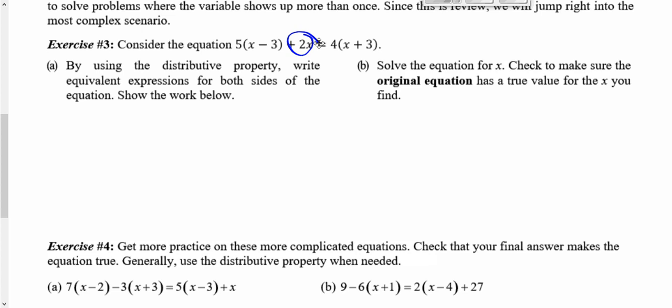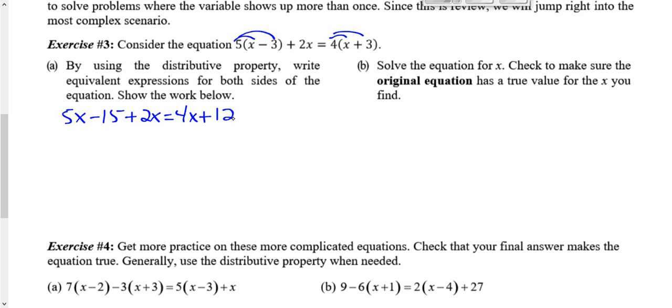So by using this, we're going to rewrite the expression. Let's distribute the 5 through here. What do we get, everybody? 5x minus 15 plus 2x equals, and now let's do the 4. Plus 12. Also, we have x's on both sides, right? You guys know what to do about that?